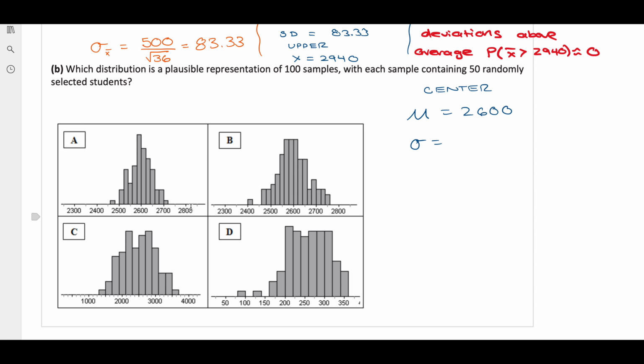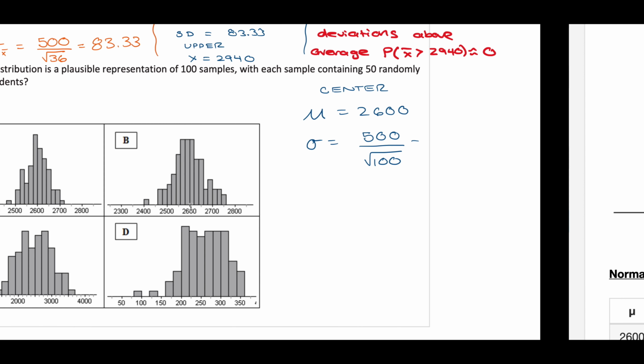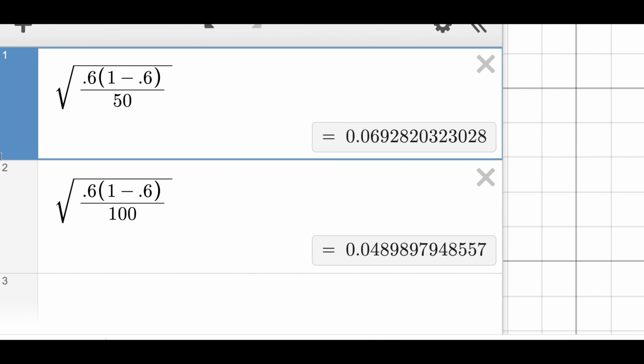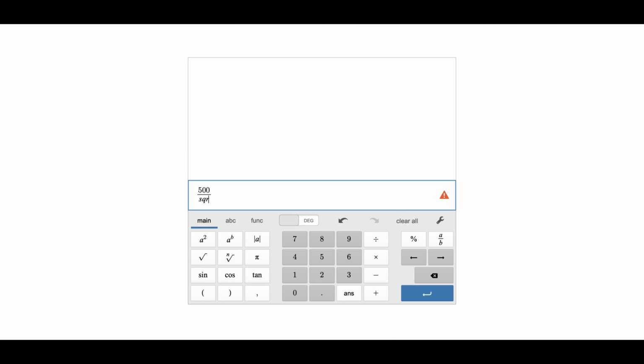Remember, it was originally 500. The standard deviation decreases by a factor of the square root of 100. So if I use my calculator, 500 divided by the square root of 100, I get 50. The standard deviation is 50.